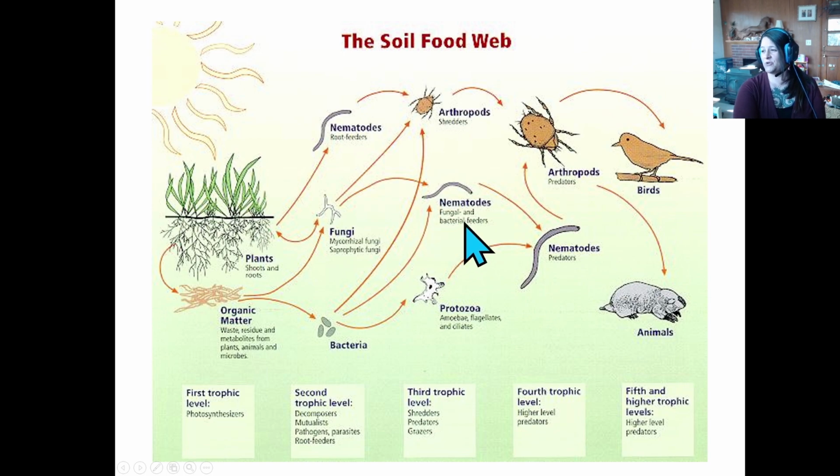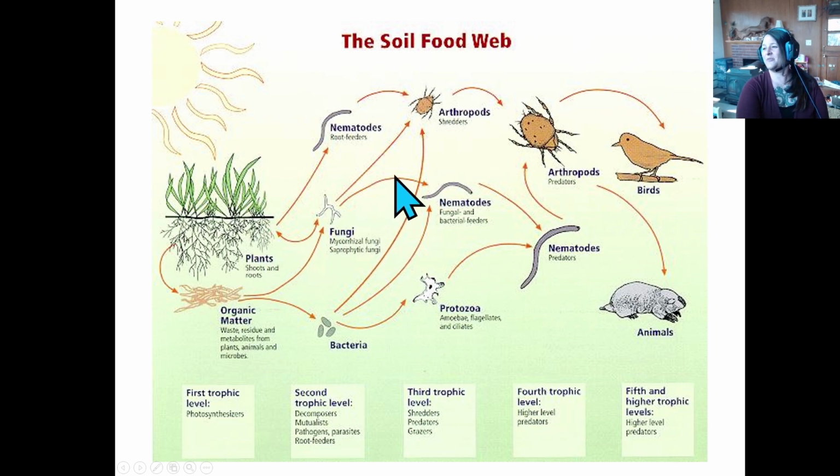You have nematodes that are fungal feeders and bacterial feeders. And also the arthropods, those are our shredders. They shred up whatever they're eating and create more structure for the soil. So those are our arthropods, our shredders, and they love to eat fungi that have eaten the plant's roots and shoots.